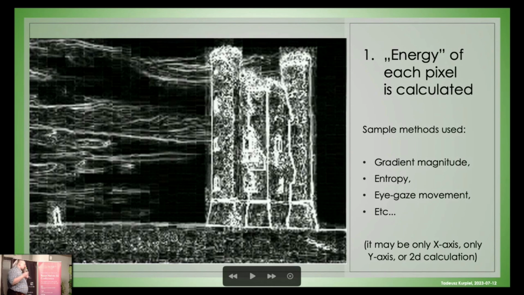It may be done only horizontally, only vertically, or in both directions. All the ways are possible, and some other ways are of course possible. These energies for each pixel can be calculated, or you can just select the areas which are of special importance.